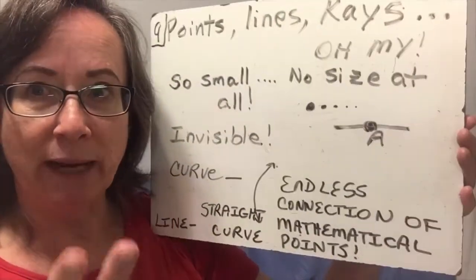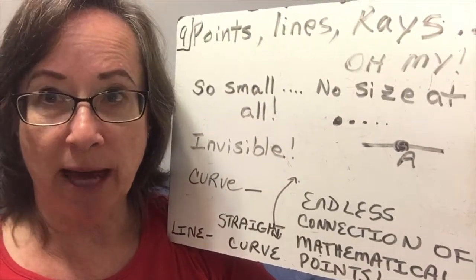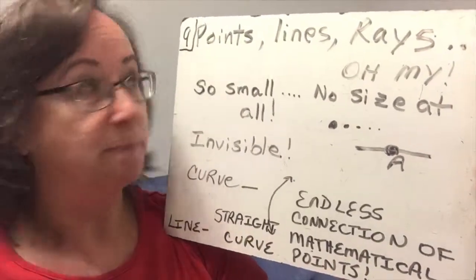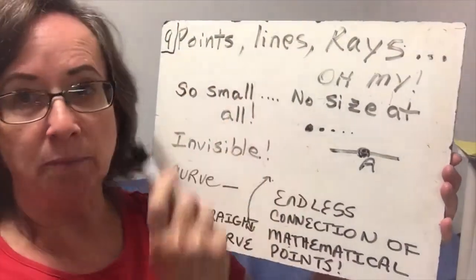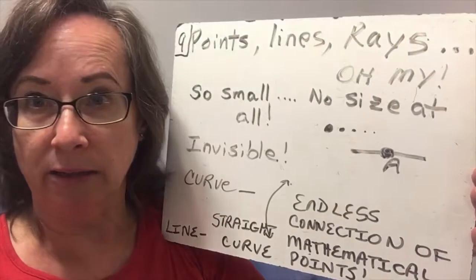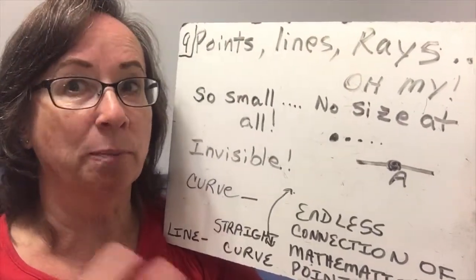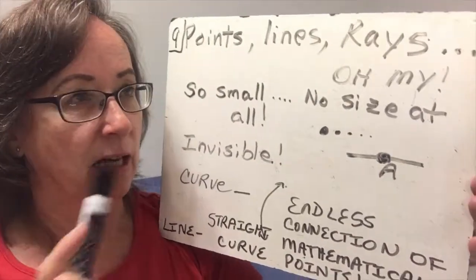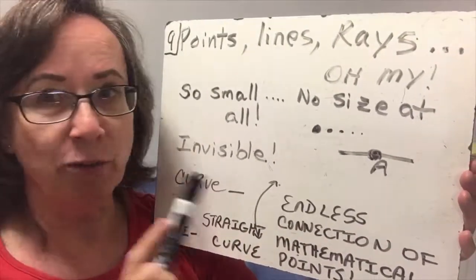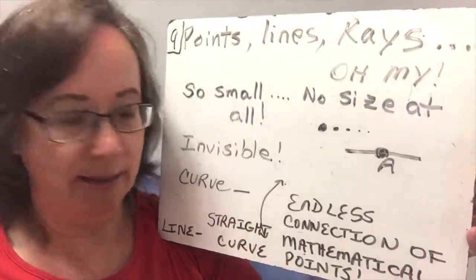So we have these points that are like the building blocks of all of our mathematical figures. The points are the building blocks of the lines, and they're also the building blocks of the rays and everything else. But the points are so small you can't see them. So we think of the point as an idea of a location. You can't see it, but it's that spot, okay?